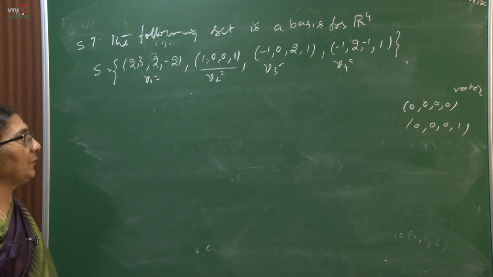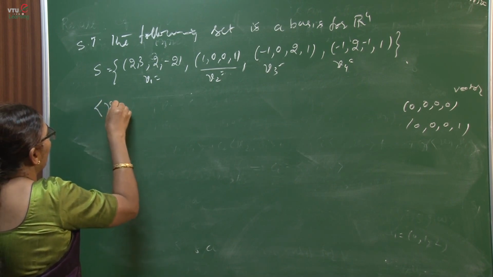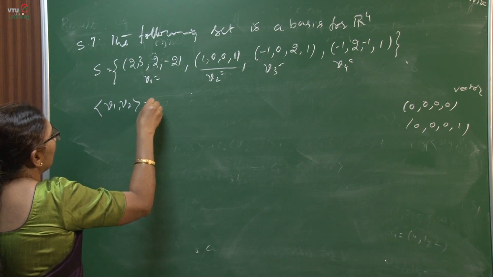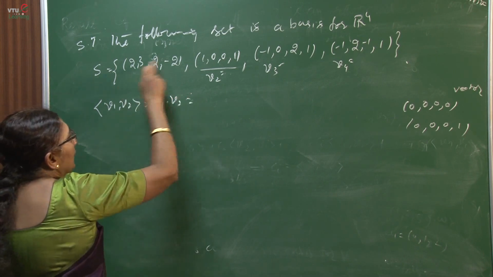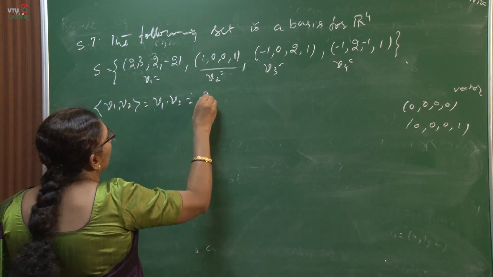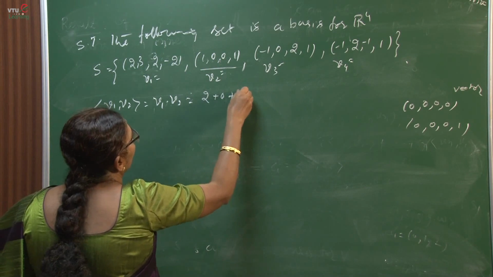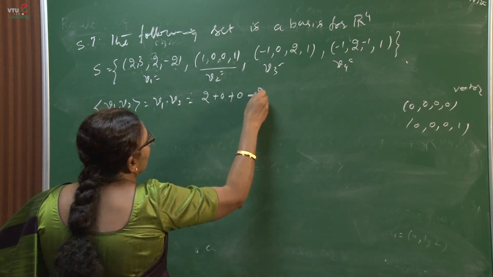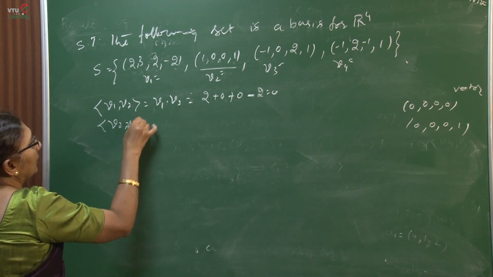Okay. Next, I have to verify whether this set of vectors is an orthogonal set. It is enough to verify the inner product of V1 comma V2. It's a row vector, just take the dot product V1 dot V2. First component 2 into 2, 4... wait, 2 into 1, 2; 3 into 0, 0; 2 into 0, 0; minus 2 into 1, minus 2. We get 0. Similarly, find the inner product of V2 comma V3.